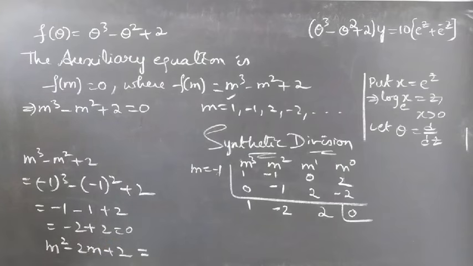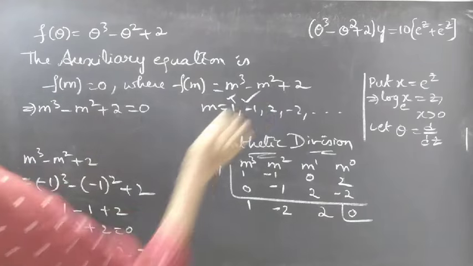Let's see which m satisfies this polynomial, okay? Let's go for 1 firstly. We'll get 1 minus 2 plus 2. Minus 2 plus 2 gets cancelled and we'll get a non-zero number 1, right? Now let's try for minus 1.